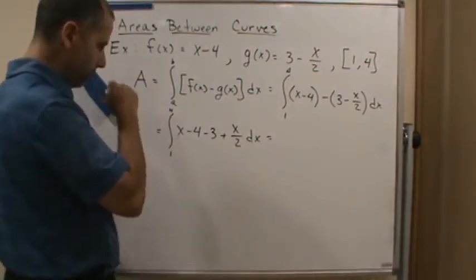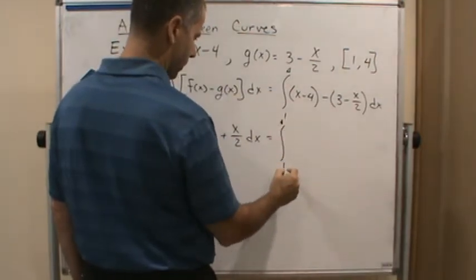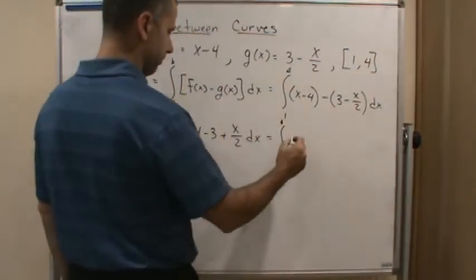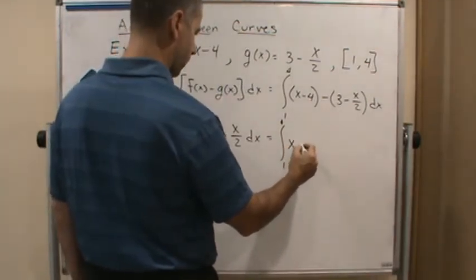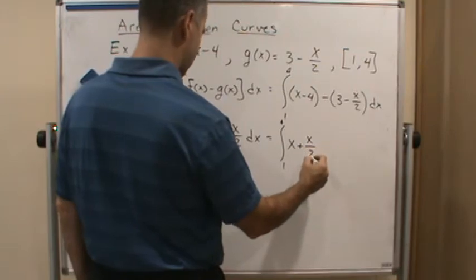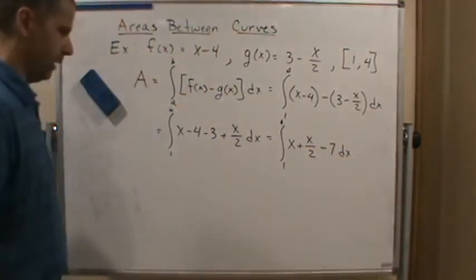Finally, if I simplify this, I get the integral from 1 to 4 of x plus x over 2 minus 7 dx.